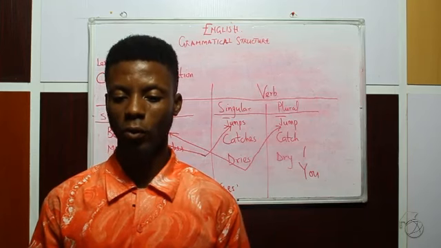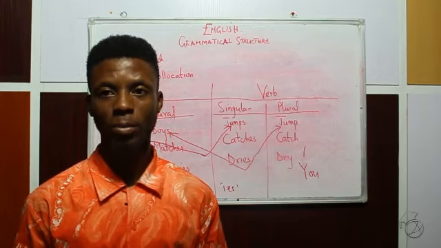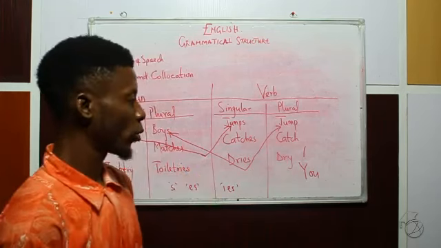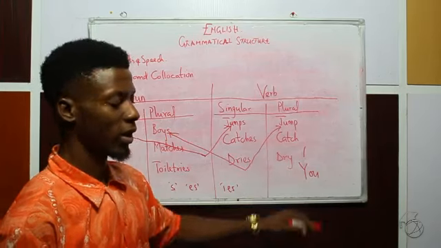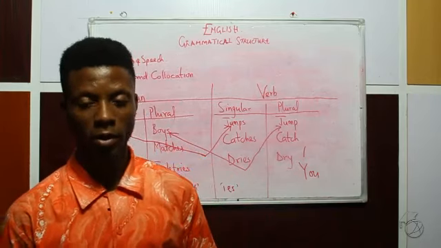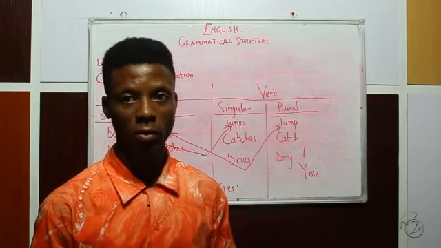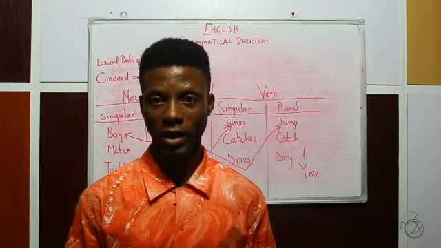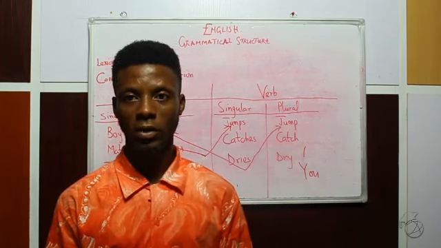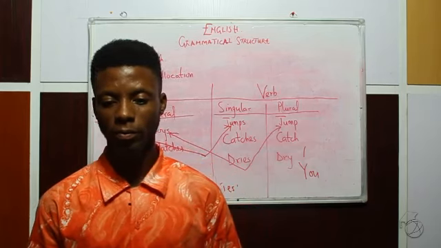The singular pronoun I carries a plural verb. Do not forget that. And the pronoun you, whether the singular form or the plural form, also carries a plural verb. They are the only two pronouns that are exceptional to the rule of Concord, which says a singular noun carries a singular verb and a plural noun carries a plural verb.